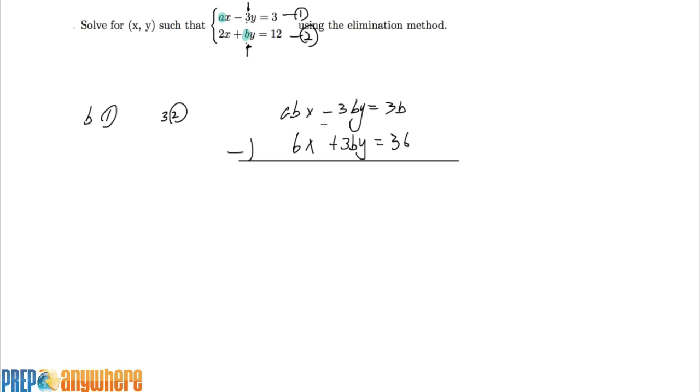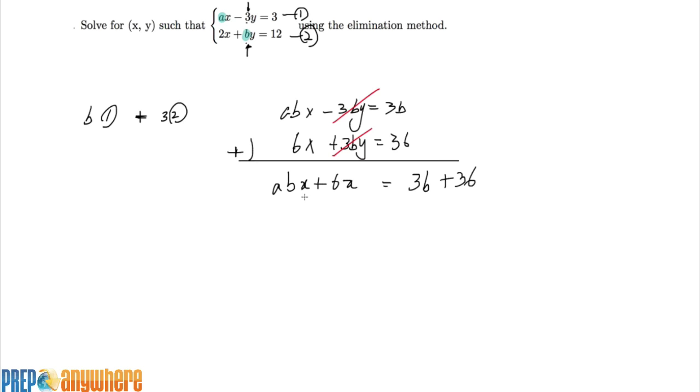What to do here is to add. If you add, note that the y terms will just cancel out, and we have abx plus 6x. On the right side we have 3b plus 36.